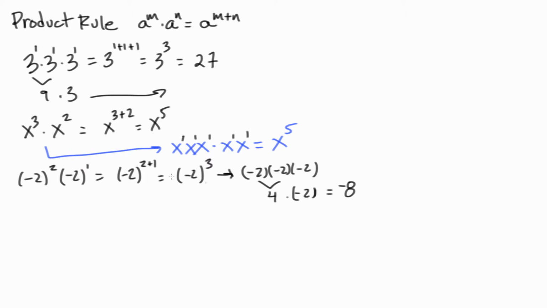Simplify might just mean go all the way from here to here, but usually simplify tends to be all the way over here, not necessarily, but evaluate for sure. You go from here to here, you're evaluating, you're trying to go further than the exponent.